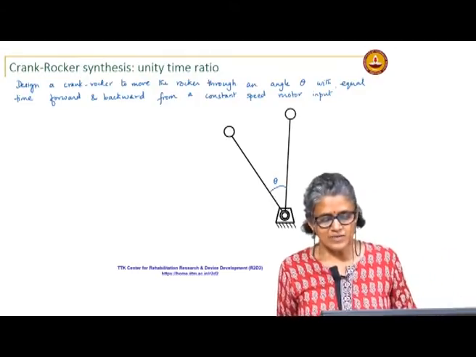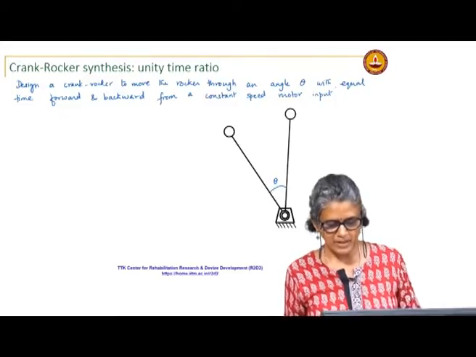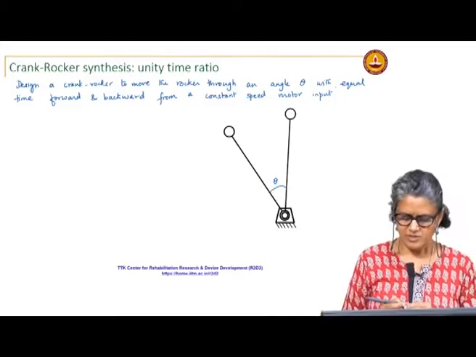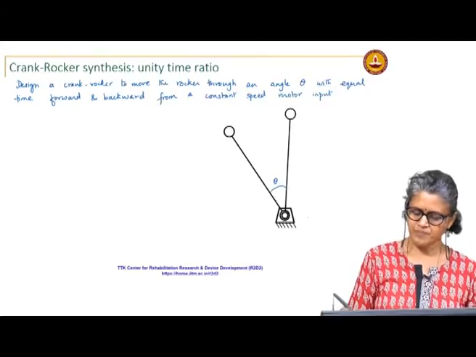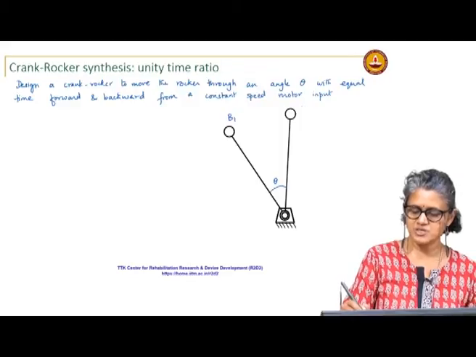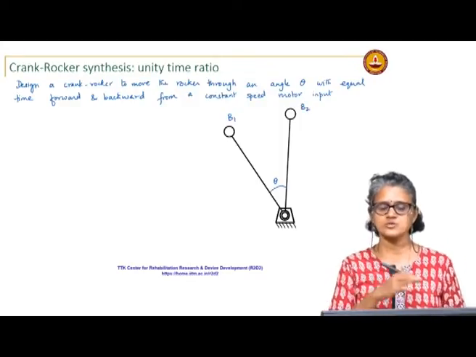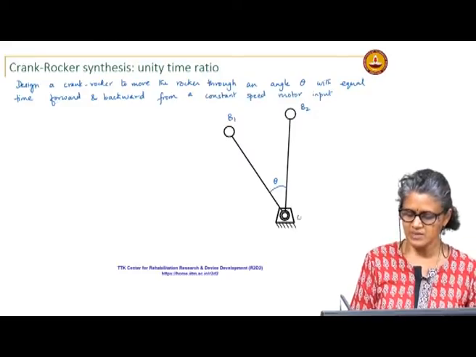So let us say I want it with equal time forward and backward. Okay. So let us say this is my first position, this is my second position. I want this to move from, and this will be then OB.